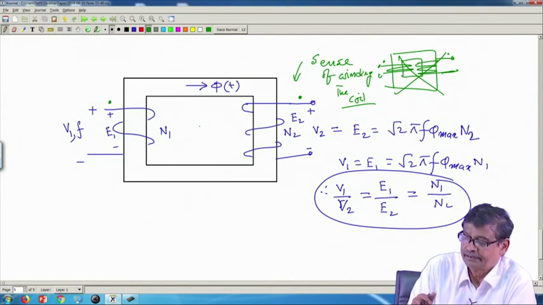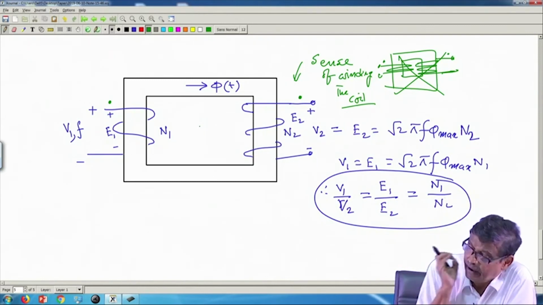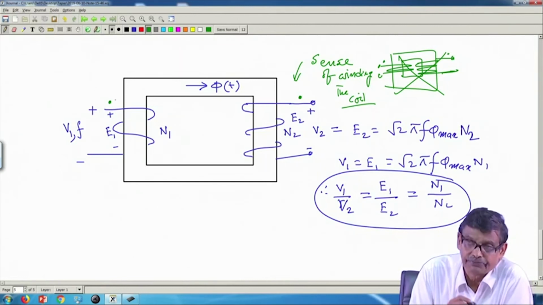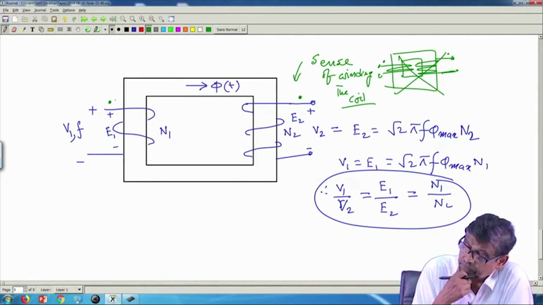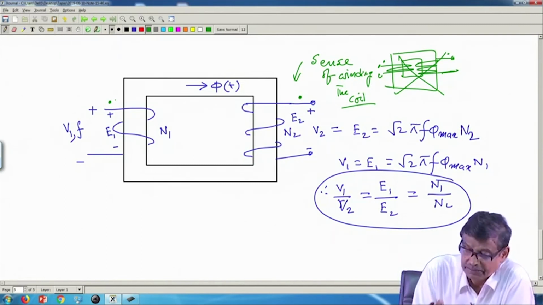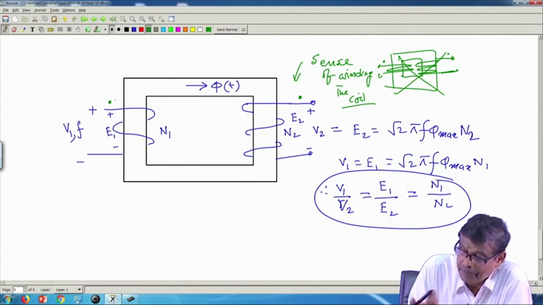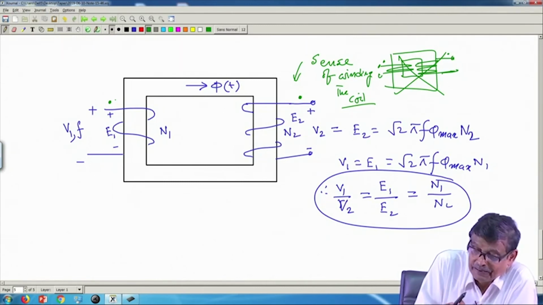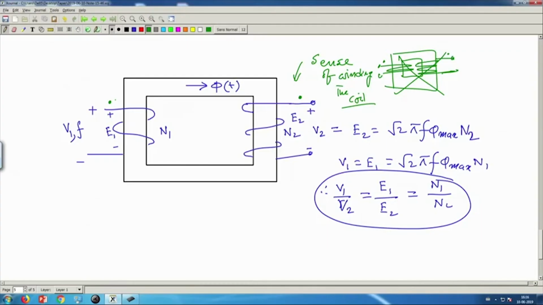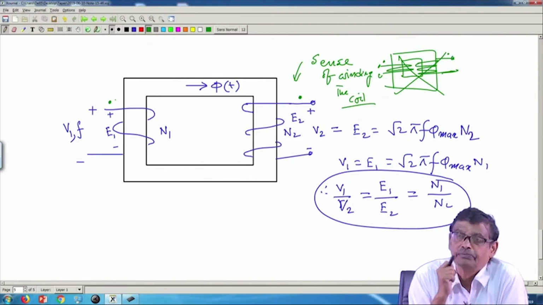Also note that if these two are dots, after some time, because it is after all an AC supply, it will be better if we say dot terminals are those terminals which have like polarities of the induced voltage.